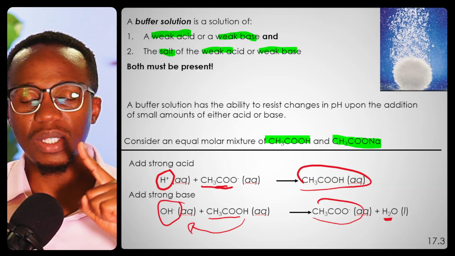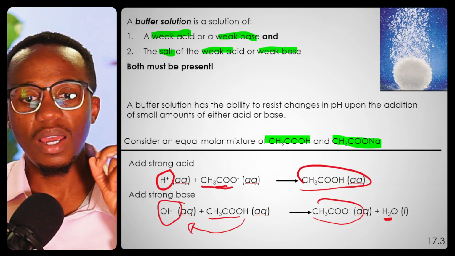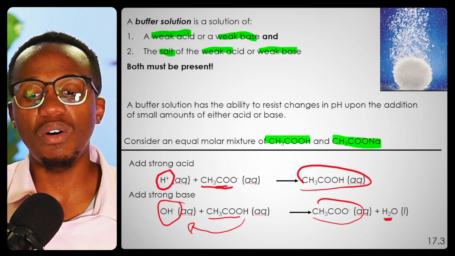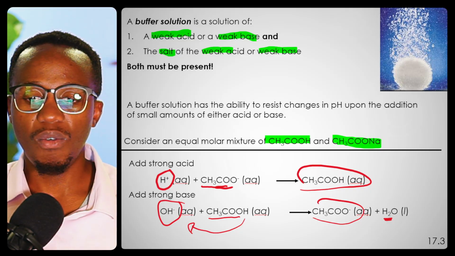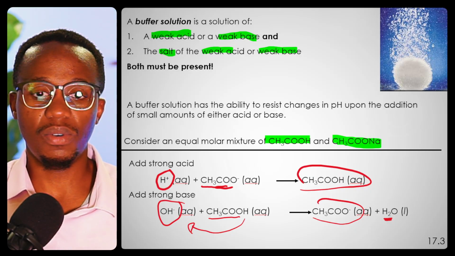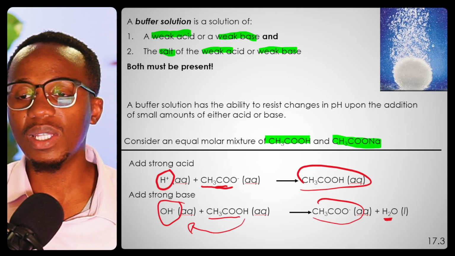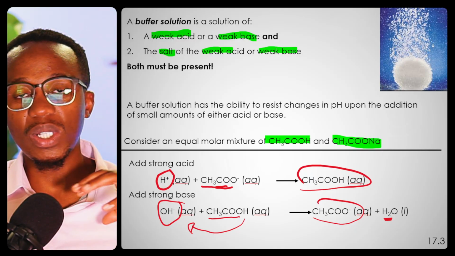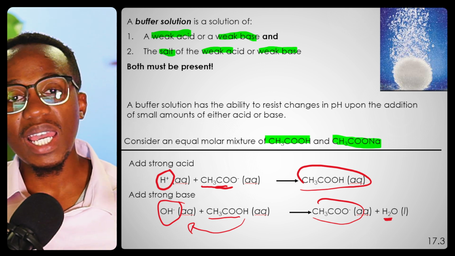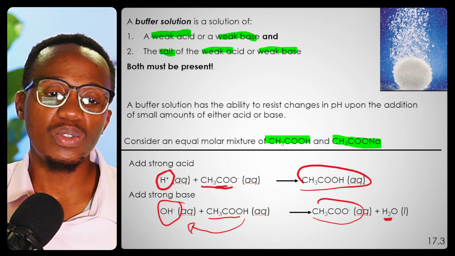The acid is taken care of by the basic entity in the buffer, and the base is taken care of by the acidic entity in the buffer. That is where the definition of buffers comes from. This is how they resist changes to pH. This is how they protect your blood. The blood contains a buffer system, and it protects your blood pH from changing too drastically.